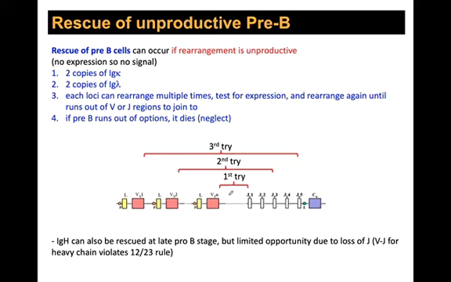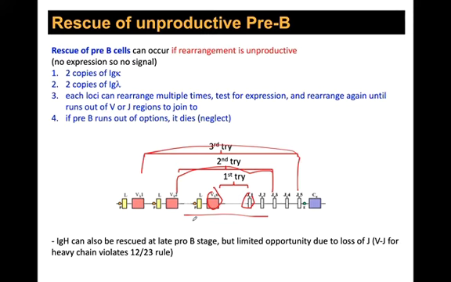So let's say that your first try, you use this gene segment and this gene segment. Well, that cut out everything in between. But there's no reason, if this didn't work, that you couldn't do this one. Now that would cut out all of this intervening segment. If that didn't work, then you can try again with this one.